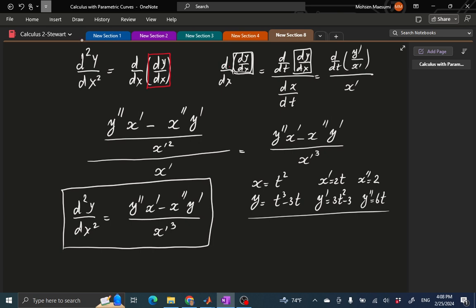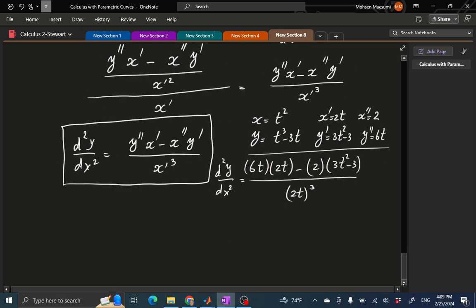y double prime is 6t times x prime, which is 2t, minus x double prime, which is 2, times y prime, which is 3t squared minus 3. x prime cubed is 8t cubed. This is the second derivative, which we use for concavity and such.